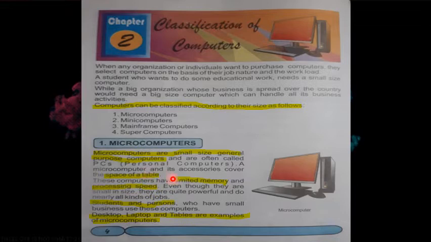They have limited memory and processing speed, and students and persons who have small businesses use these computers. Here are the examples. The examples of microcomputers are desktop computers, laptops, and tablets.